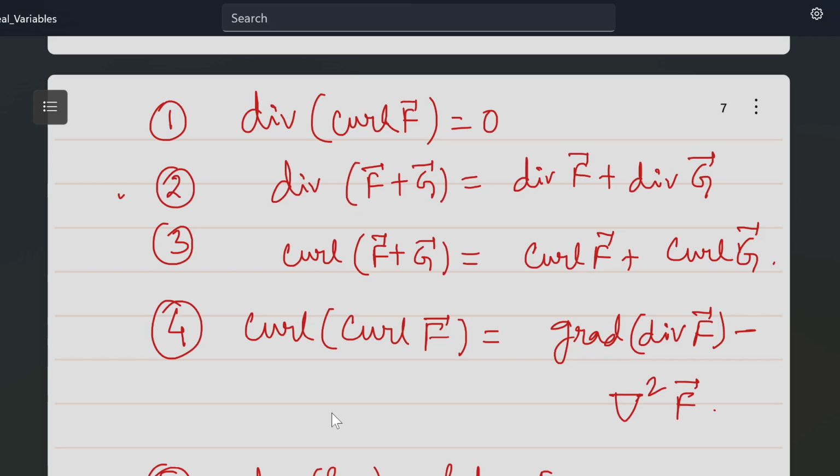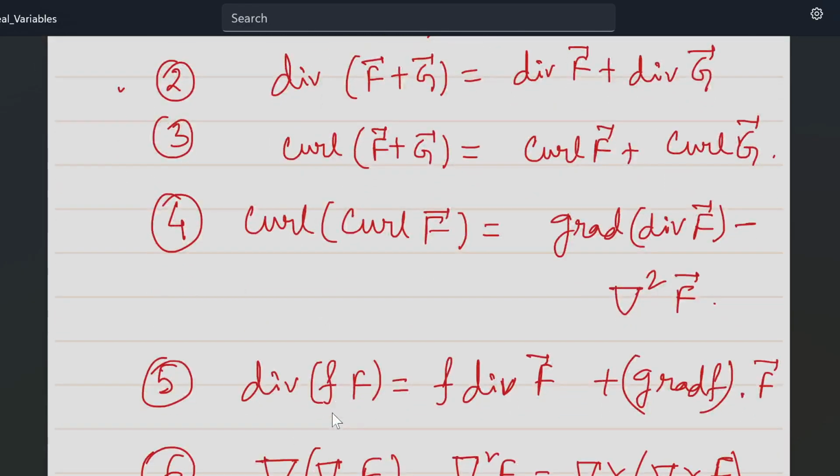So I'm just writing, just tell me: grad divergence F minus Laplacian F equal to curl curl F. Can you prove this last one using any one of the above?